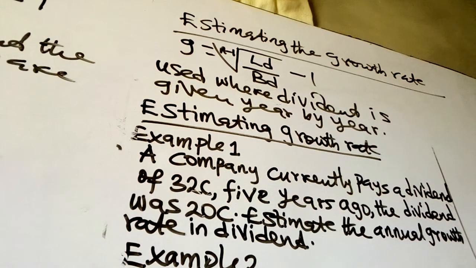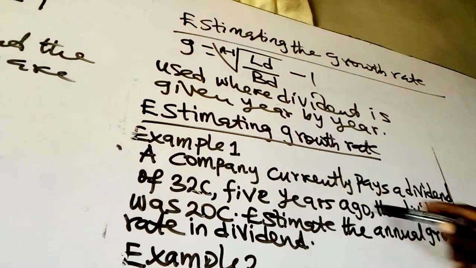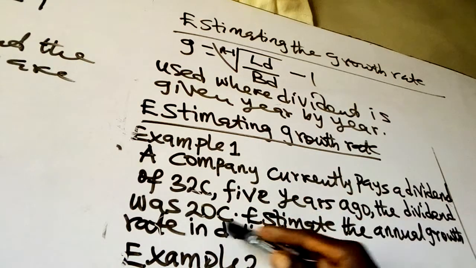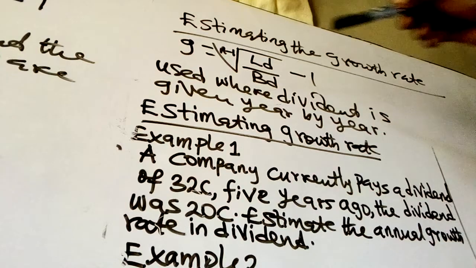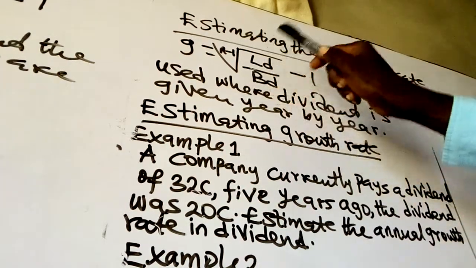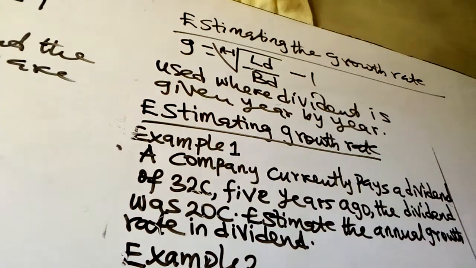That is what the company is currently paying. 5 years ago, the dividend was 20 cents. Estimate the annual growth rate in dividend. In this formula, LD stands for latest dividend and BD stands for base dividend. LD, latest dividend.